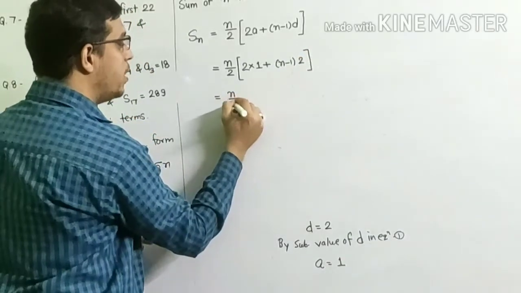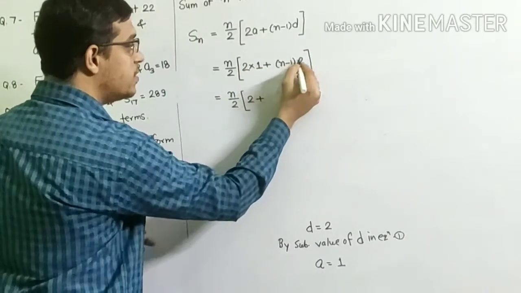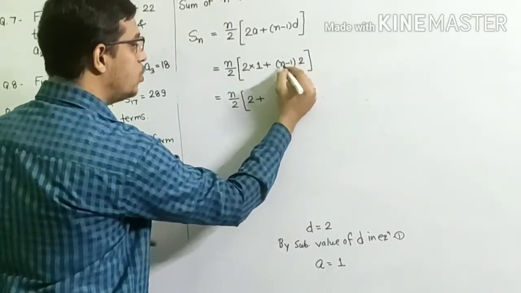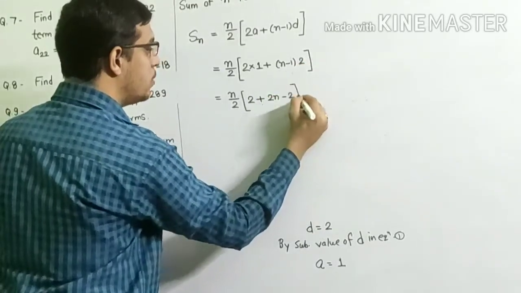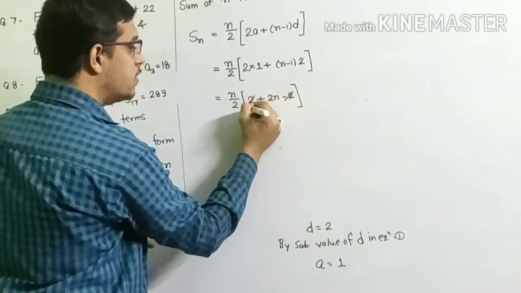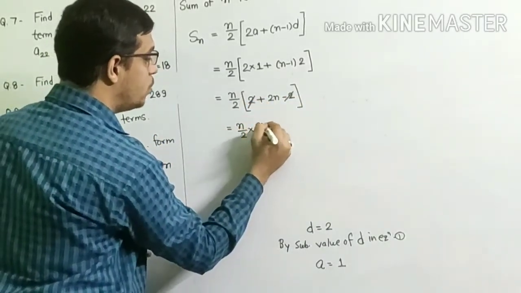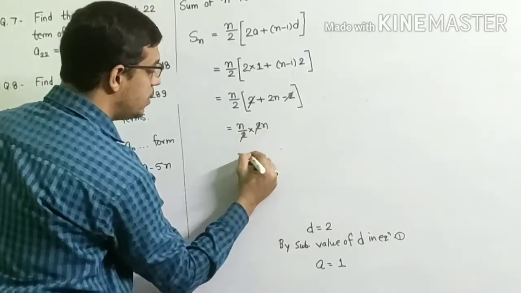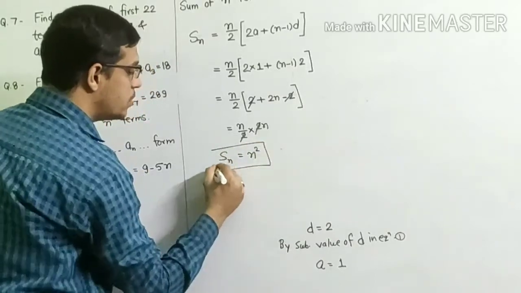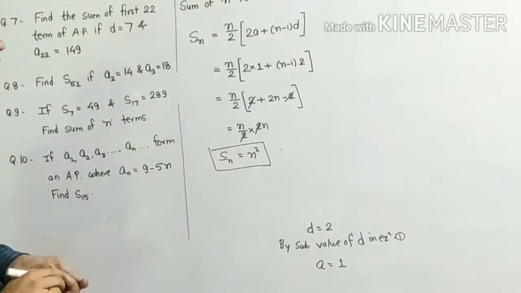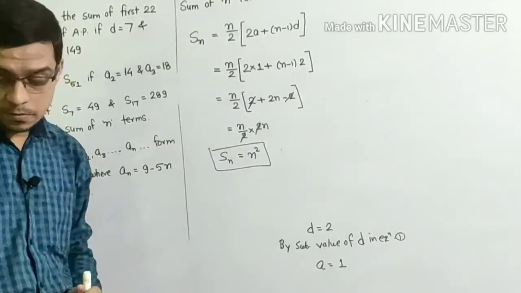So this will be n by 2 into 2 plus, when I multiply this, 2n and multiply 2 with 1, minus 2. 2 and 2 cancel. So this will be n by 2 into 2n. 2 cancel and square. So the sum of n terms is n square. This is our question number 9.